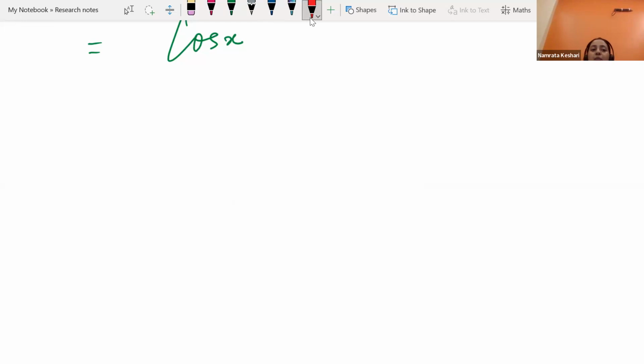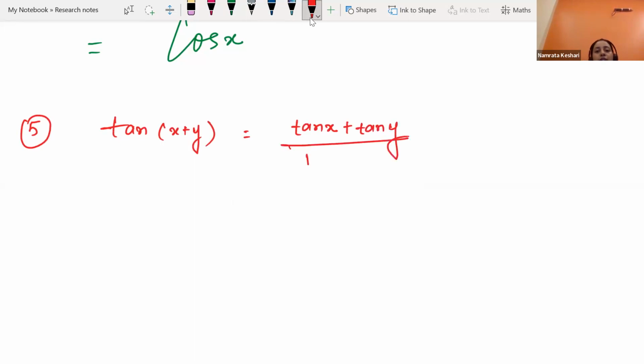So the formula number 5, you can say, or whatever number you want to give it. The formula for tan(x plus y) is tan x plus tan y over 1 minus tan x tan y.